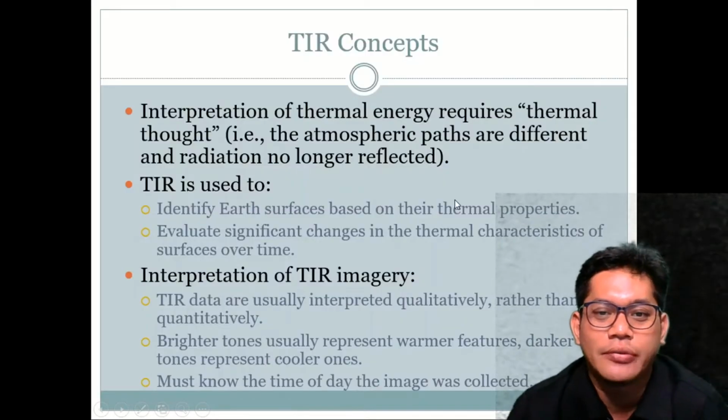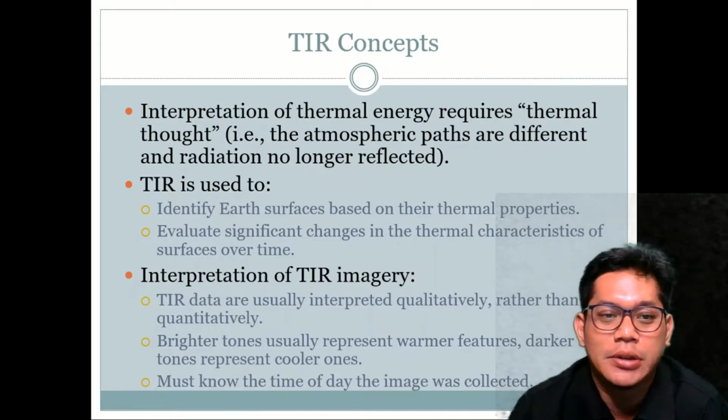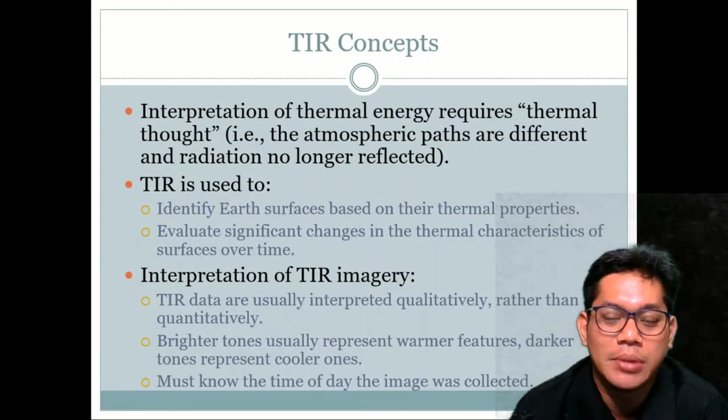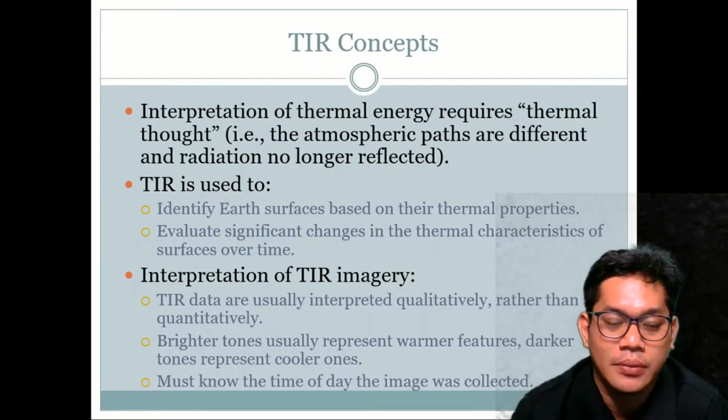The interpretation of thermal energy requires thermal thought, such as the thermal atmospheric path being different and the radiations no longer being reflected. So thermal infrared is used to identify the Earth's surface based on thermal properties, and to evaluate significant changes in the thermal characteristics of the surface over time.